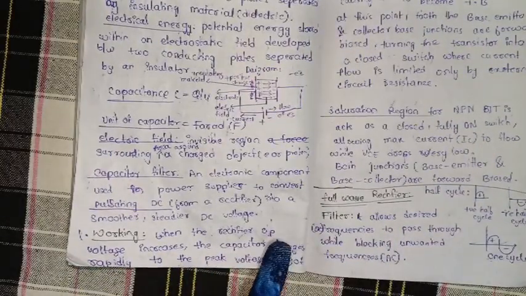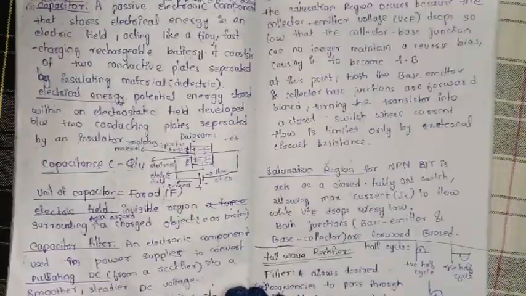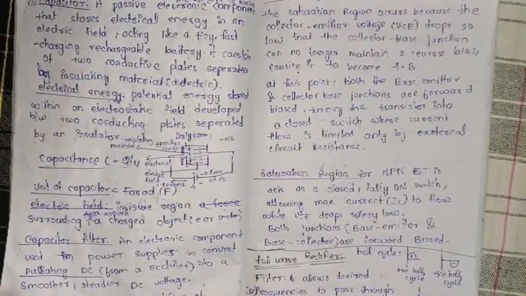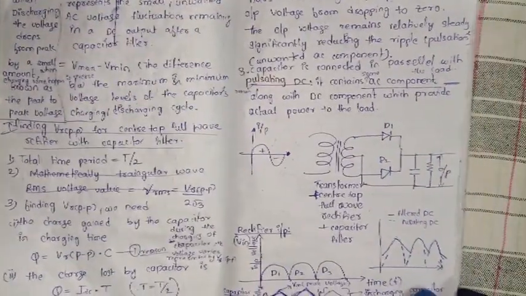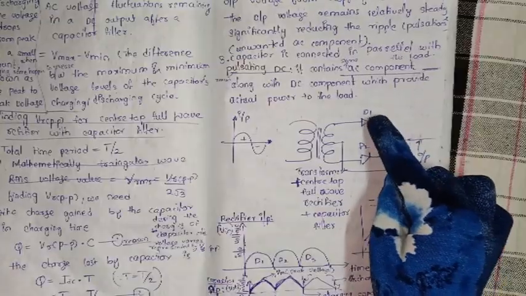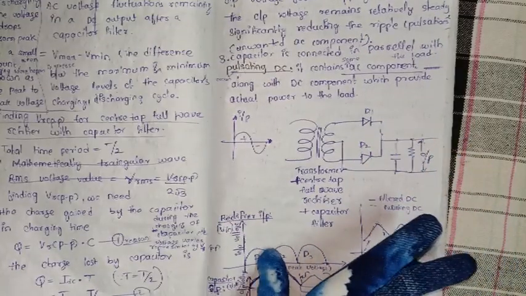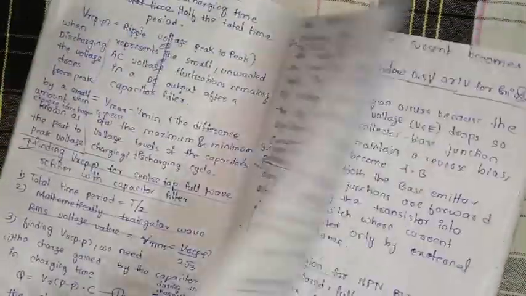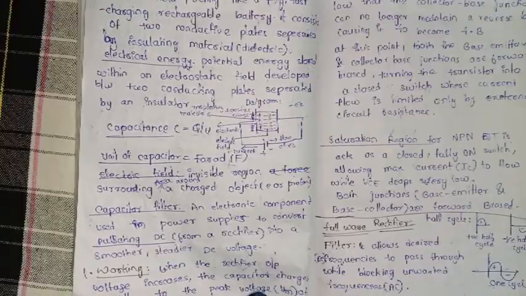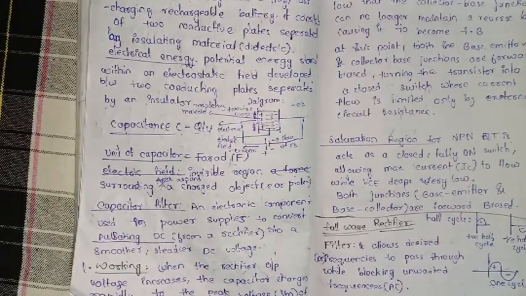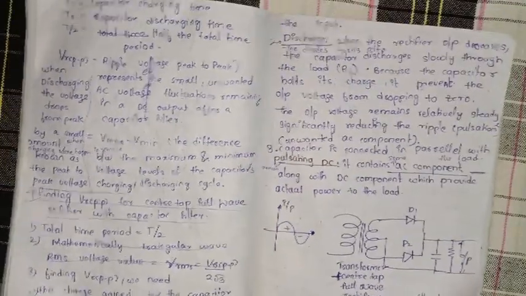When the rectifier output voltage increases, here the voltage from these two diodes increases, and the capacitor charges rapidly to the peak voltage Vm of the input.